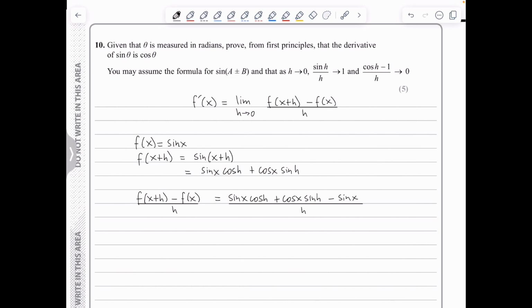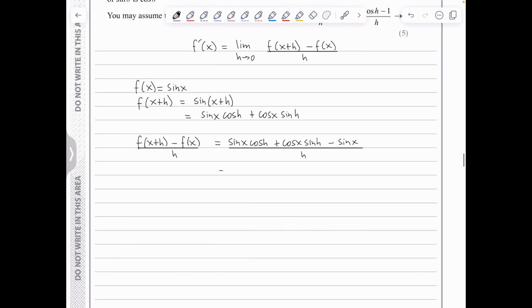I will be separating the sine x with the cos x terms, so I'm looking at sine x cos h minus sine x over h plus cos x sine h over h, which can be further written as sine of x brackets cos h minus 1 over h plus cos x sine h over h.